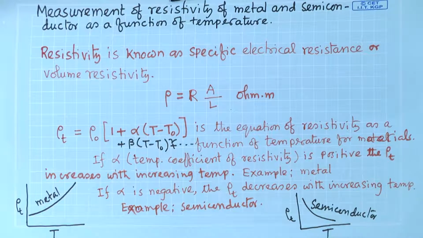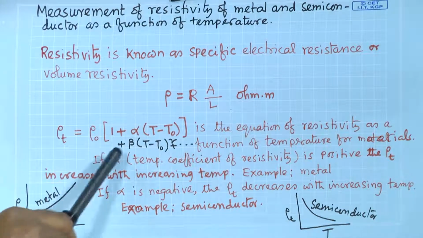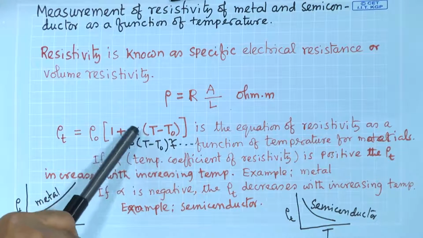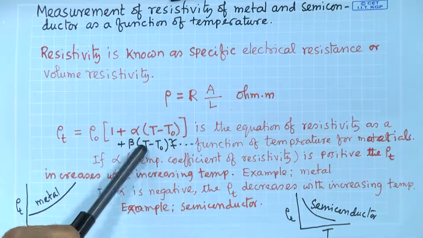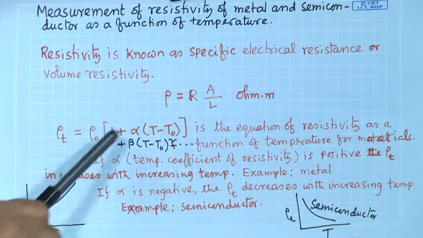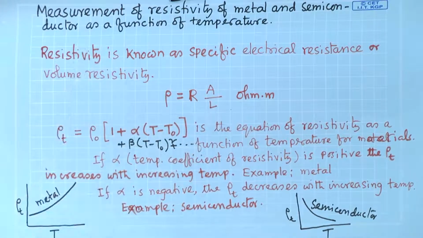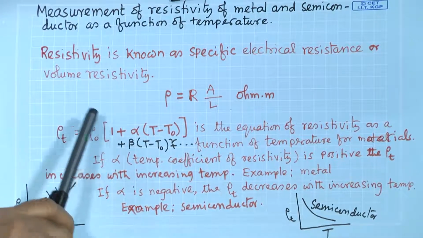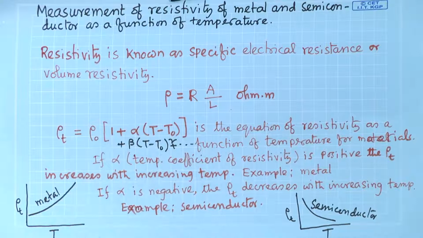For different ranges of temperature, one will take up to first order or second order or third order terms. So, that one has to decide. That is why it is not just a straightforward linear function. It depends on higher terms also, but in general one can write this polynomial.